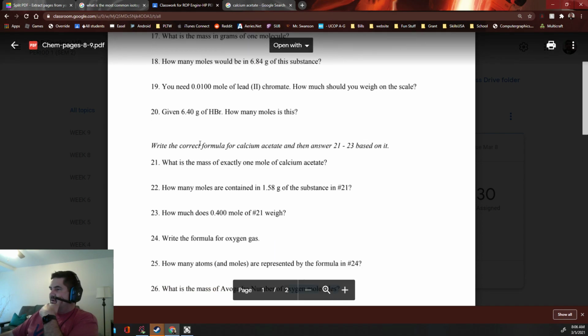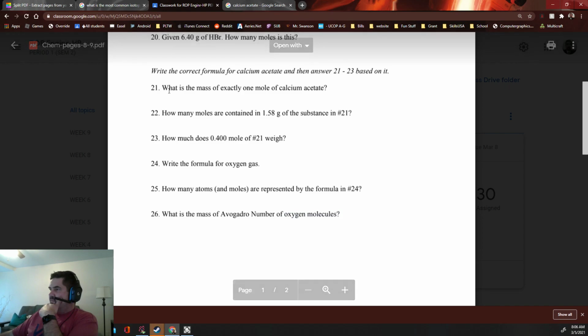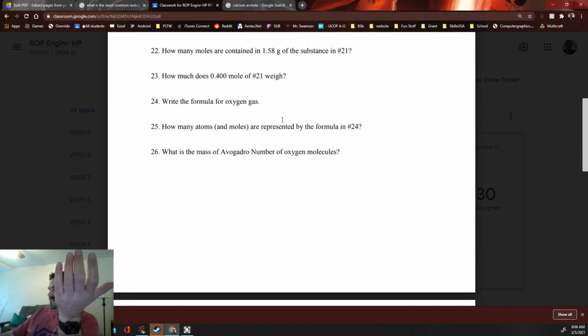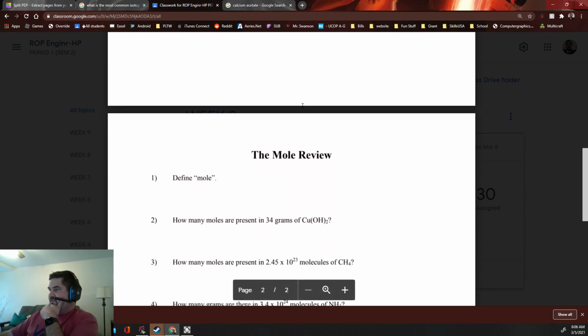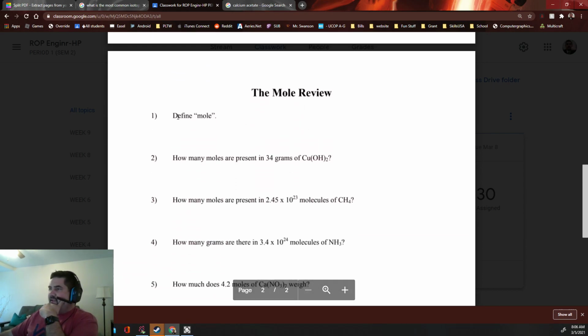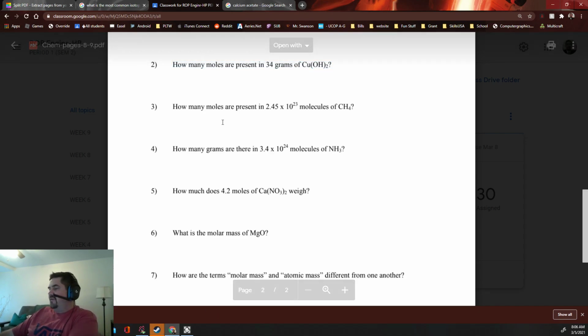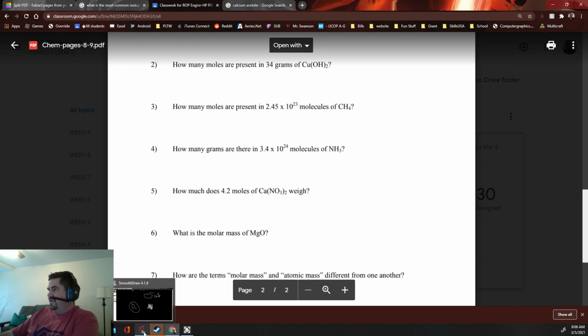And just like up here, when we had to find the mass of 1 mole, all we're really doing is finding the molar mass, because 1 mole is 1 molar mass, so that's all you have to do. To find a mole, go ahead and look that up. How many moles are present in 34 grams of this? So remember, if you're trying to find those, we've done problems exactly like this.